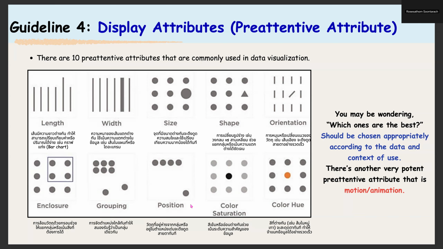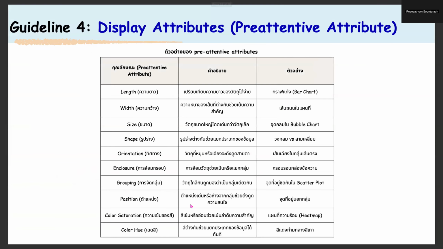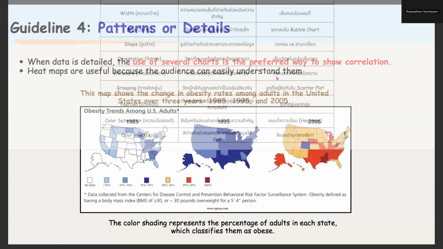It should be chosen appropriately according to the data and the context of use. However, there is another very potent pre-attentive attribute, which is motion or animation. So this shows the table of the pre-attentive attributes, describing each attribute with an example.